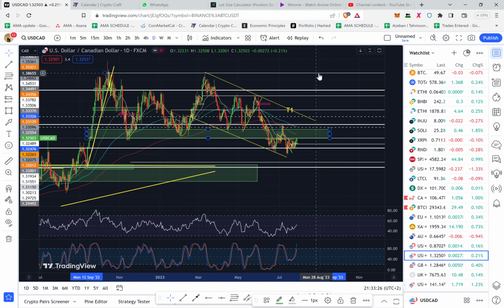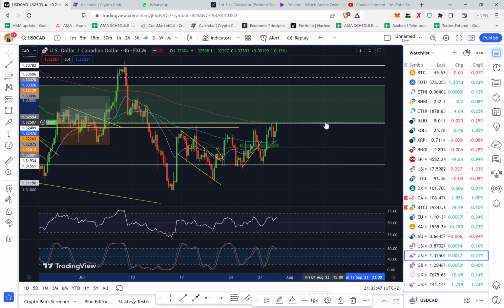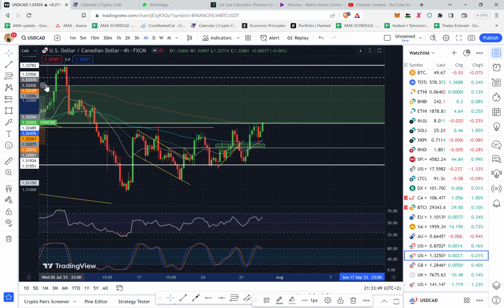We could potentially break above this level as well, but we'll have to wait and see when price comes up to this level, the momentum at which price comes up to this level. That's something we have to watch for. So let's head on to the smaller time frame. Okay, so we have an ascending triangle right here.